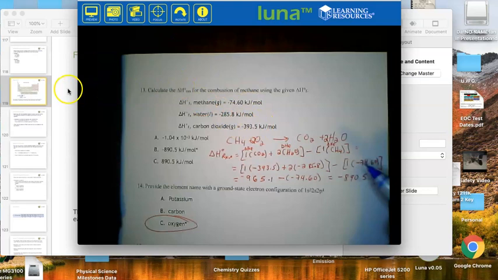Copper is one of those in the D block that's very close to having a full shell. Remember, it's one of those exceptions where it wants to have a completely full subshell in the D block. So it's going to be a little bit different than what you would originally expect.